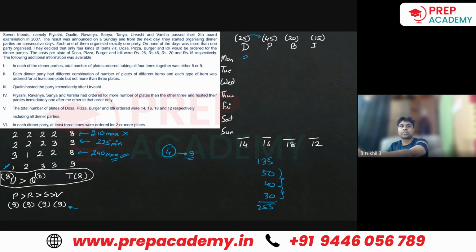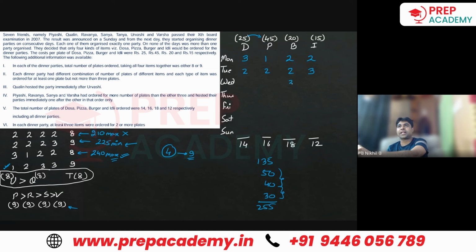Okay, so if I assume that this is the thing that I have taken, and the other things I have taken to be this one, which was the next party of 9 items, 225 is the cost, let's say. So what were the cases that I got? I have to take minimum. So I ordered 3 items here, minimum, and 2, 2, 2, 2 here.